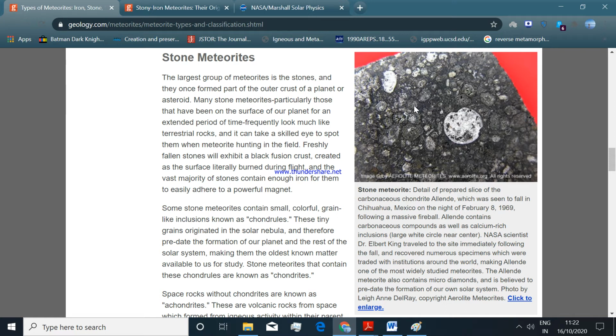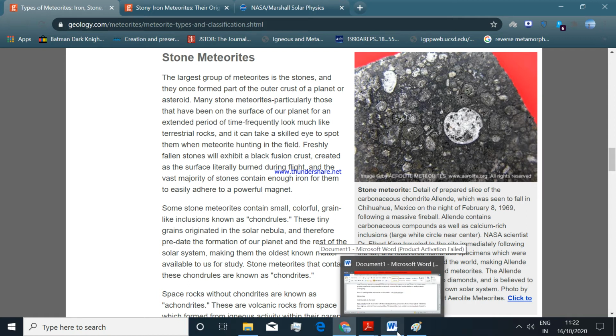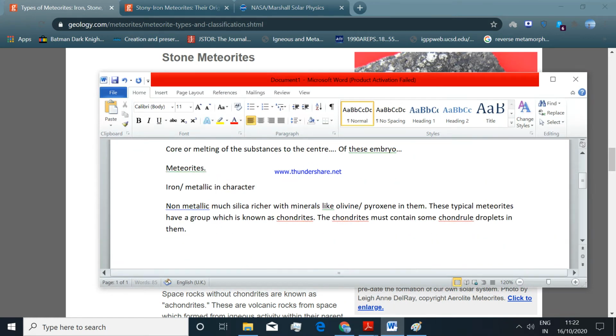These are very interesting features where we can see some silicate minerals like olivine and pyroxene. However, the ground mass, or the intermediary zone in between these chondrules, is composed of hydrous silicates. You can also observe some amount of organic matter like ammonia and carbon in them, like in C2 carbonaceous chondrite.